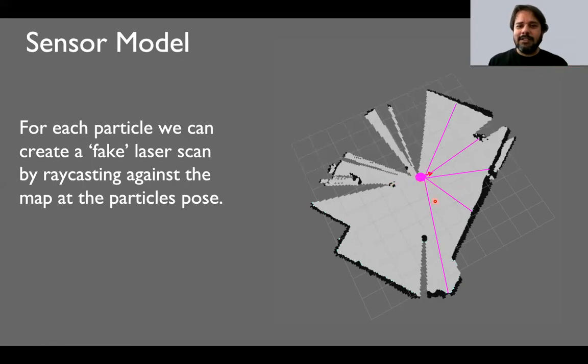But the idea is that for each particle, since we already know the boundaries of the map, we can compute that if this hypothetical location was close to the true location of the car, or assuming that the car indeed matches the pose of this random particle, this is sort of the range data that I should be seeing. Okay, so let that thought settle in for a second.